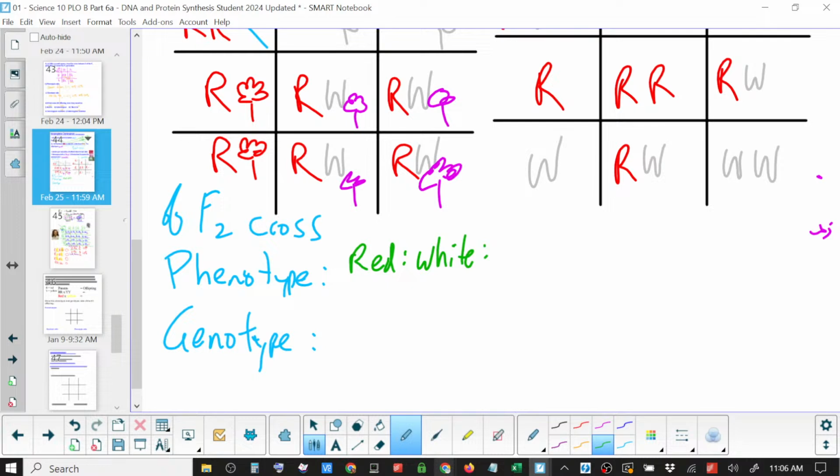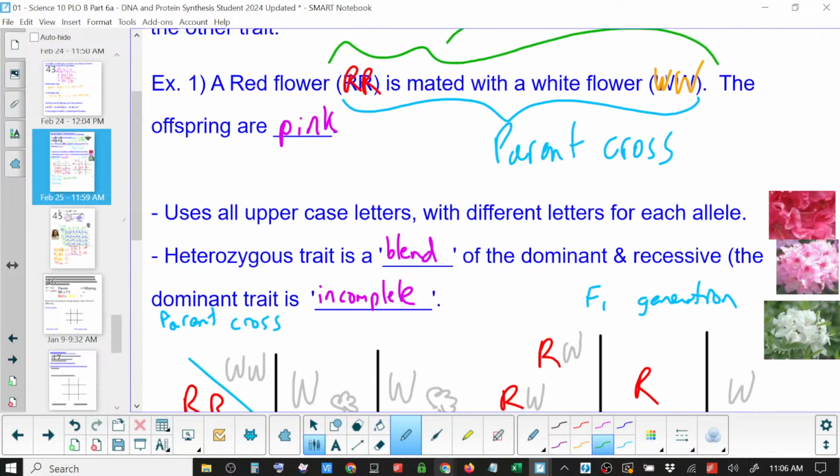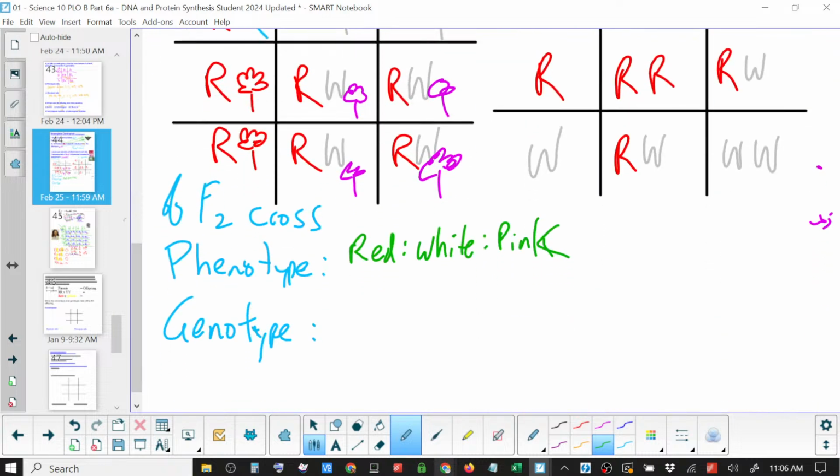Incomplete dominance doesn't quite do it. So red, white, pink. Do you want the numbers? So numbers would be 1 red, 2 pink, 1 white.